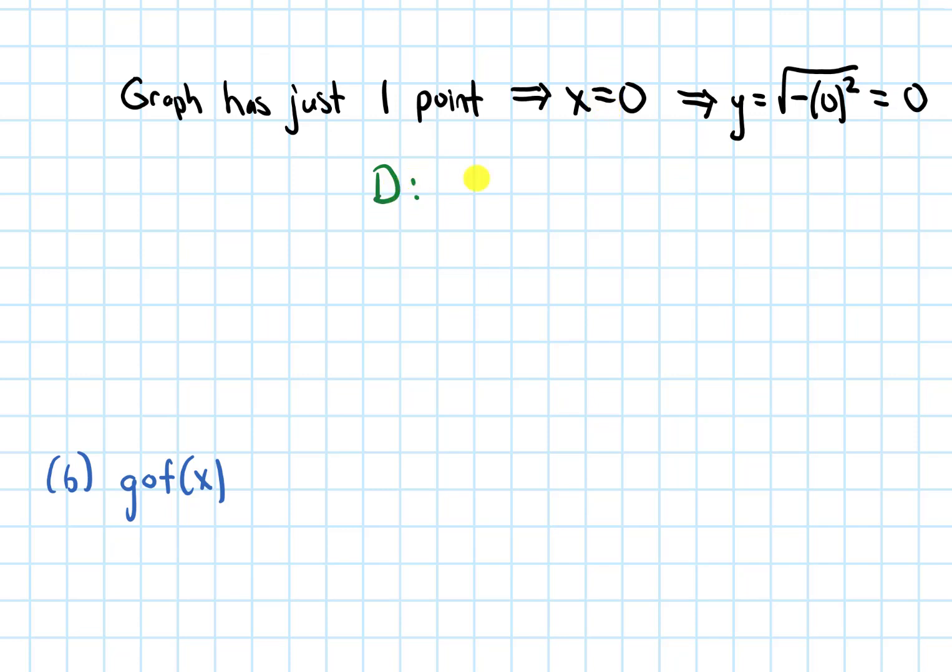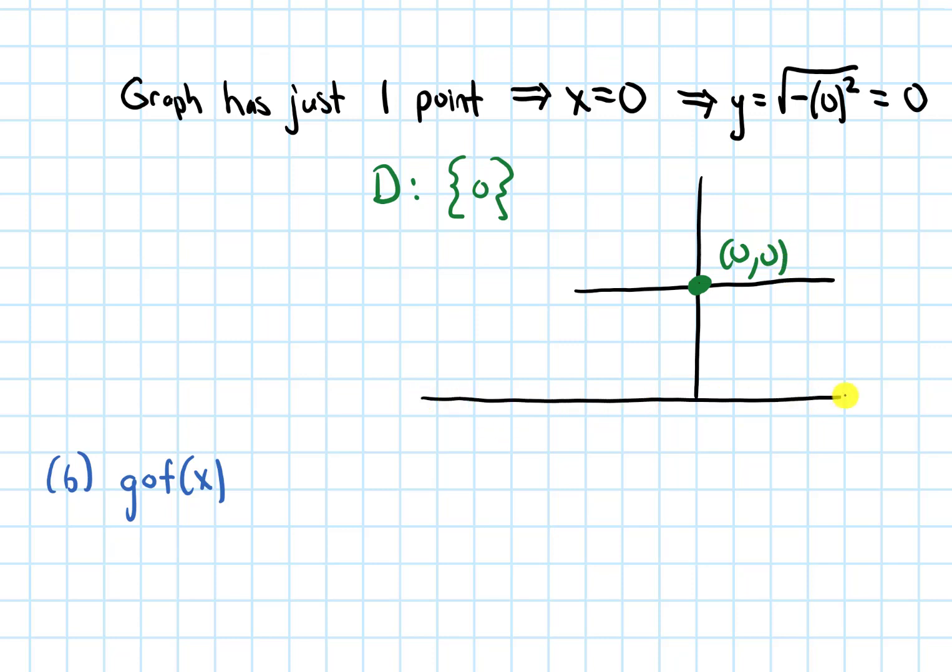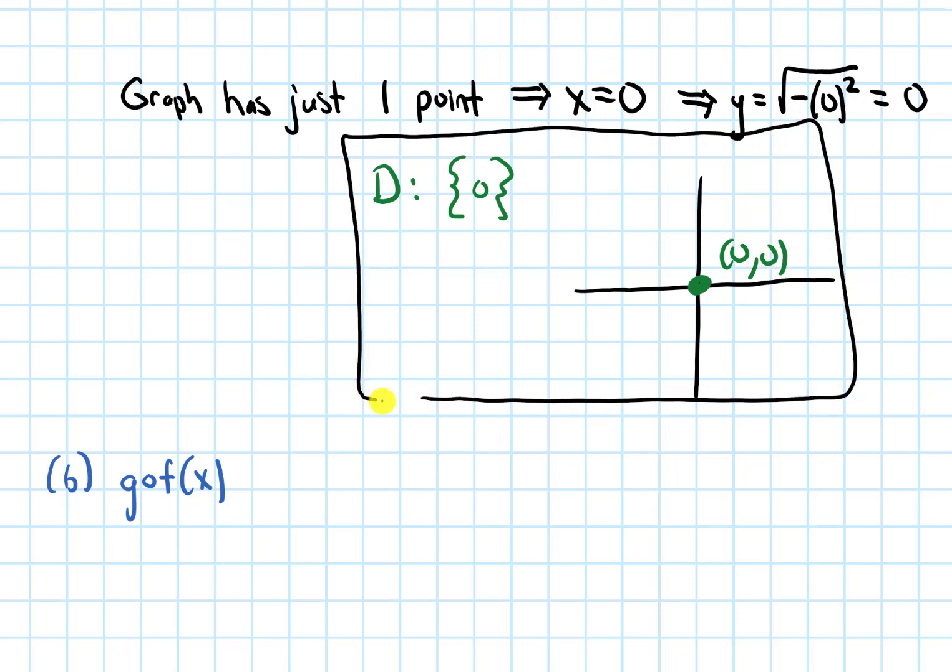In interval notation, the way I write one point is I put curly brackets and write my value in curly brackets. And then it said to sketch the curve. Well, I draw some axes, and my graph is just one point. Let's sketch that point. It's at 0, 0. It's at the origin. That's my graph here. So I got the graph, and I got the domain. That's what the question wanted.